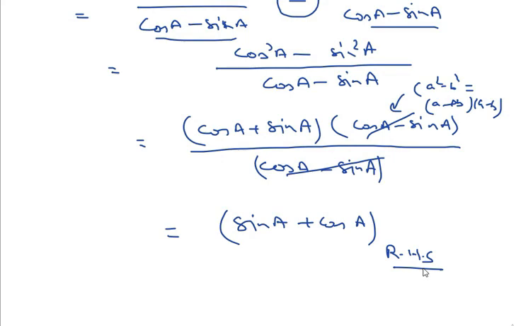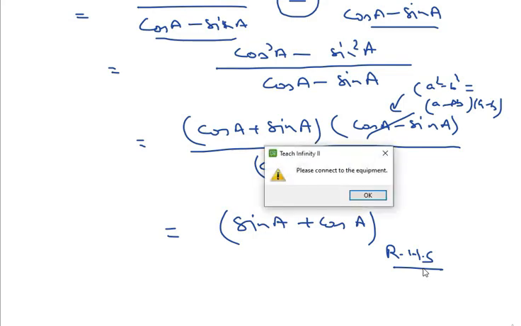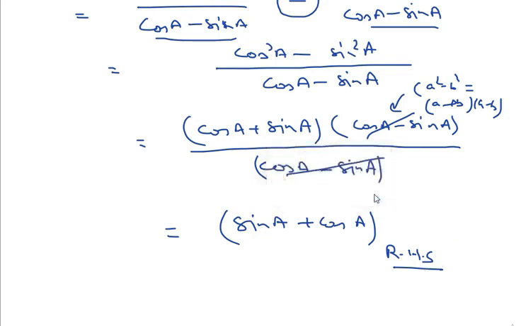Keep it along with you once you are solving, and whenever you are going to solve a proving question, make sure that you are able to apply these identities. If it is not possible, then convert the trigonometric ratios into sin theta and cos theta, then start solving.